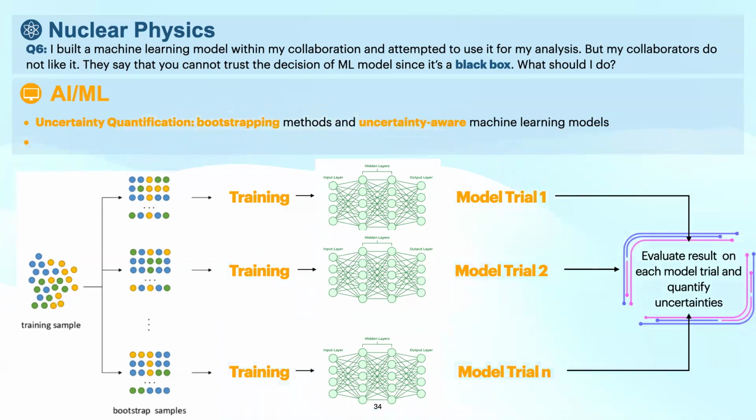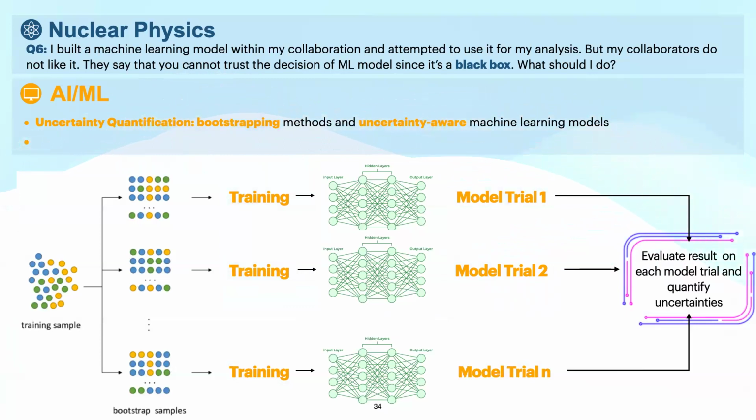Let's say you create 100 different bootstrap data sets, and you use these 100 data sets to train 100 different neural network models: model trial 1, 2, 3, and so on until model 100. Then you can evaluate your model performance on every single trial and use it to quantify a statistical uncertainty. You can also quantify systematic uncertainty by varying your model structure or varying some of the parameters in your data. As physicists, we are already very familiar with this kind of traditional method.